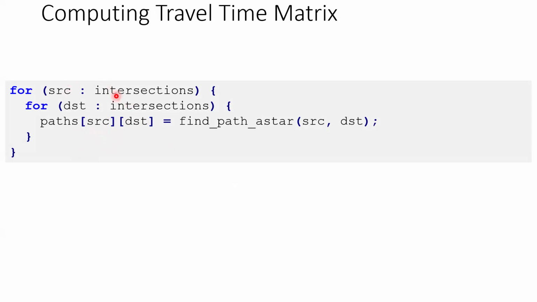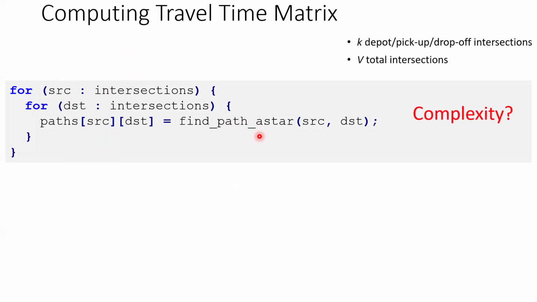And this will take the number of sources times the number of destinations times your A-star algorithm's complexity. Say we have K depot, pickup, and drop-off intersections, and we have V total intersections. What will be the complexity?